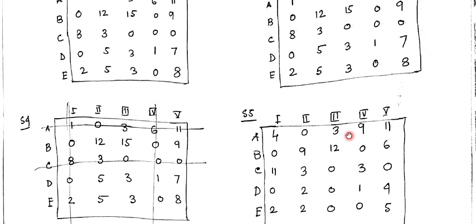This is called the row operation. Next we perform the column operation, that means choosing the minimum value from each column and subtracting it from all the elements of that column, starting from the first column. Similarly for the second column. Since 0 is the minimum value, the same cost matrix will remain.